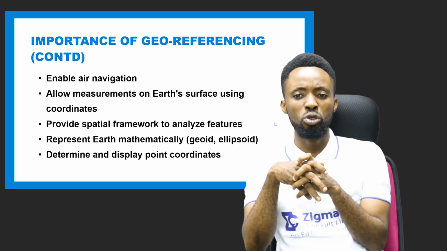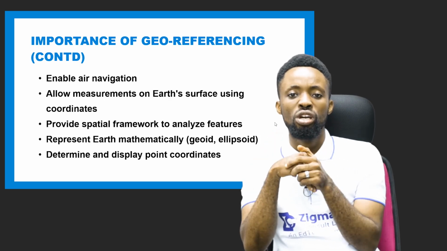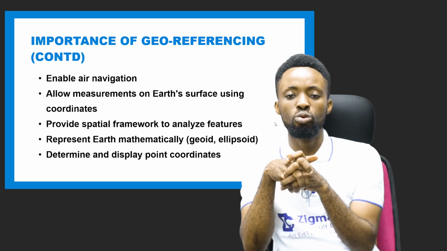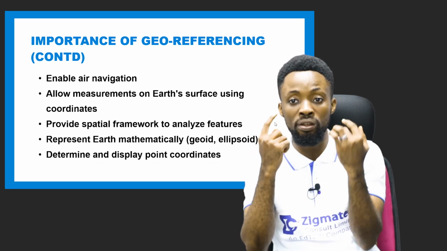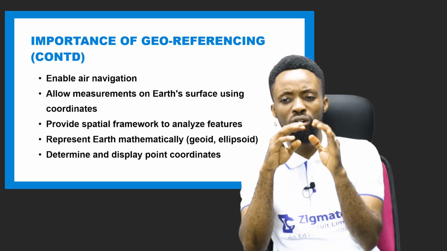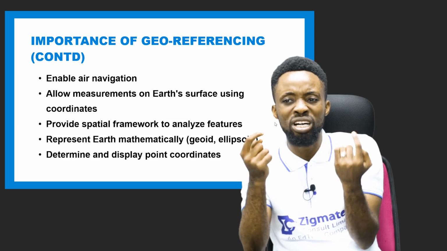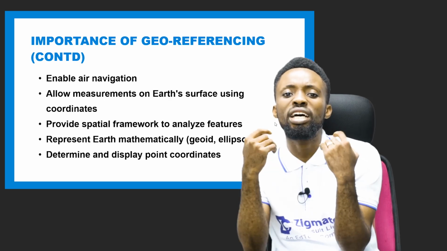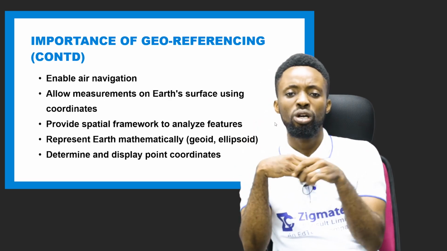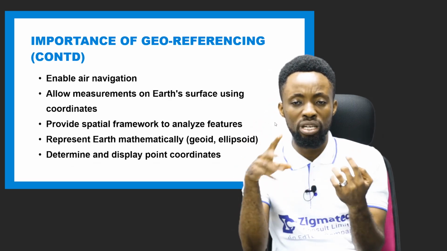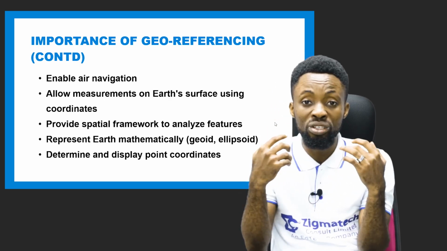And also it helps to provide a spatial framework to analyze features. Without georeferencing, it will be very difficult to analyze features that we see on the Earth's surface. And also georeferencing helps us to represent the Earth mathematically. When we say that the Earth is a geoid shape, or it has an ellipsoid shape, or the orbit is in the form of an ellipse, that's because all of these things have been referenced.